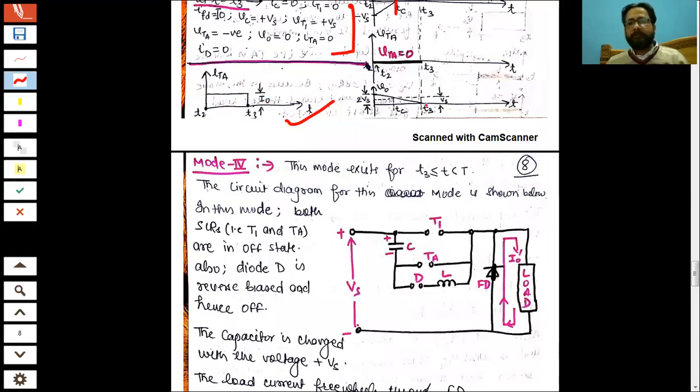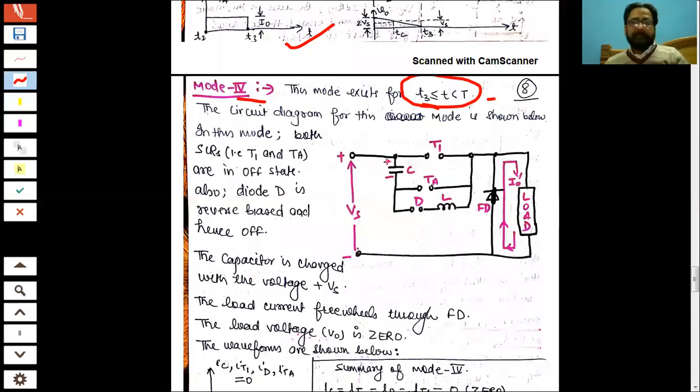Mode 4 basically exists from T3 to T, right? You can see that here the capacitor is charged with plus voltage Vs, upper plate positive, lower plate negative. Auxiliary SCR is off, main SCR is off. So even if the capacitor has to discharge, it cannot discharge from any path because the main SCR is off. The current cannot flow back.